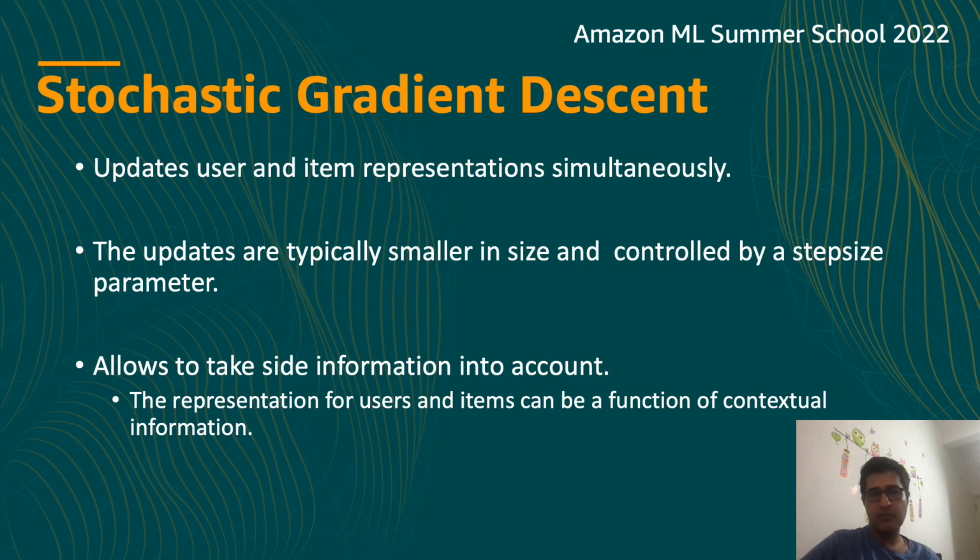For example, let's say the number of movies a user has watched is a predictive feature for the user giving a particular rating to a particular movie, or the number of products a user has bought is somehow predictive of the rating that the user can give a particular product that he or she purchases next. Then that can be used as side information in the model as such.